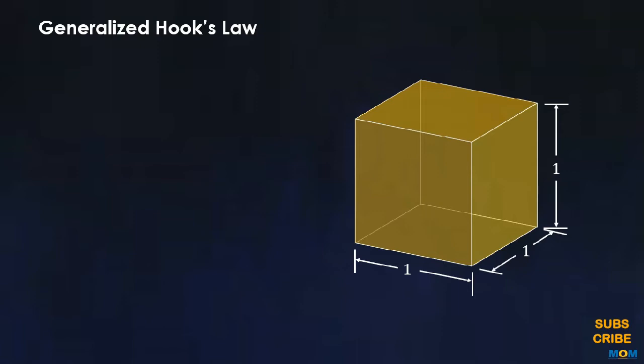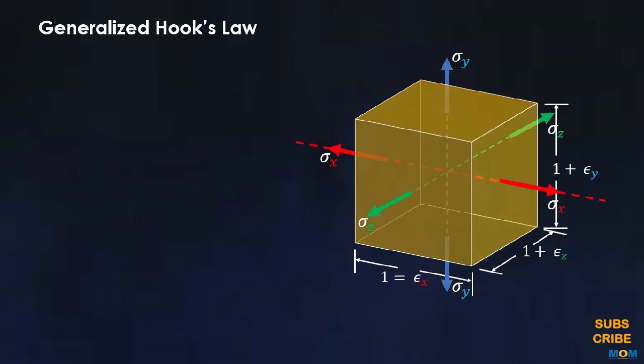Due to this loading, the stresses are produced along the x-axis, along the y-axis, and along the z-axis. Due to this multi-axial loading, the member will deform into a rectangular parallelepiped, where each side is equal to 1 plus epsilon x, 1 plus epsilon y, and 1 plus epsilon z.